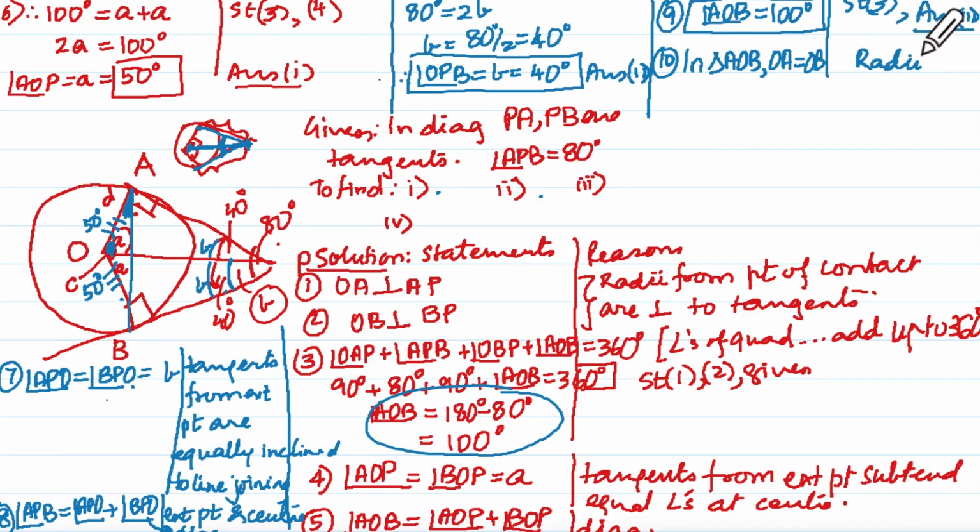Radii of same circle. So immediately number 11, what will be the angle opposite to them? OAB, so put B in the middle. It will be angle OBA equal to angle, put A in the middle, OAB, and that is equal to small d.